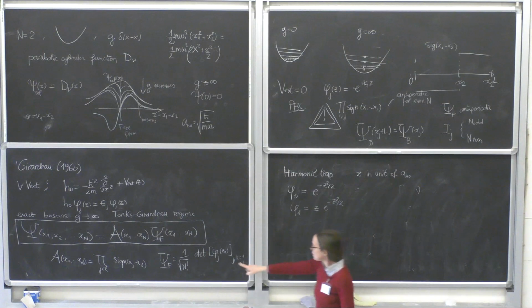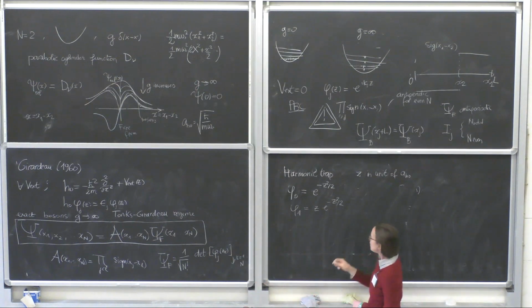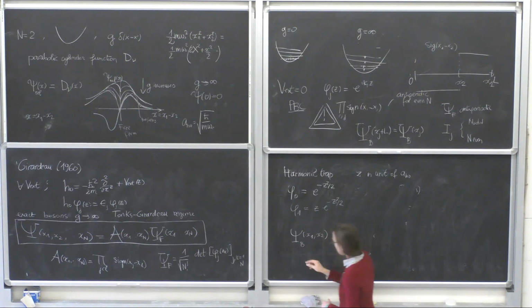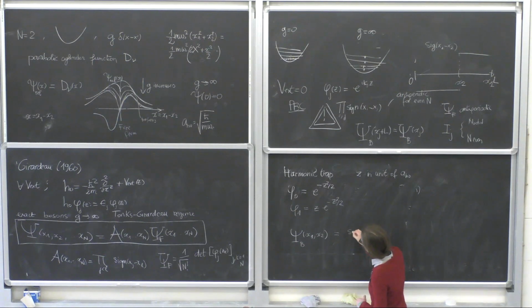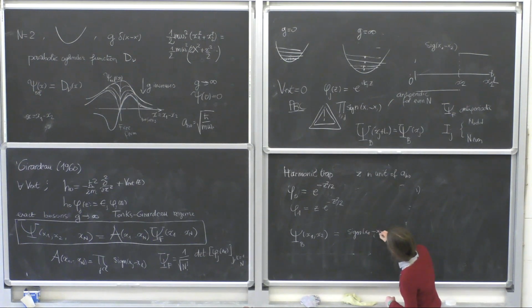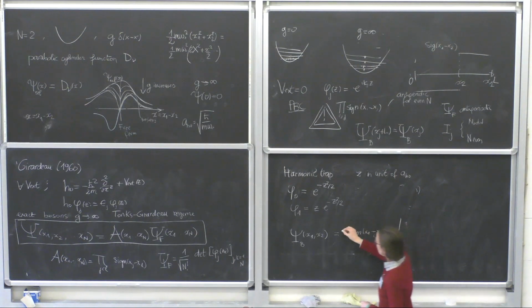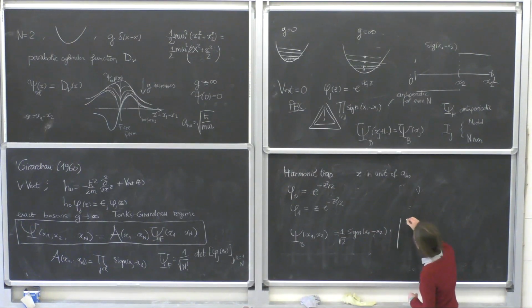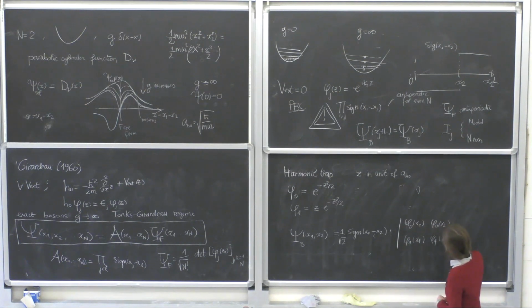And then if I take this construction here, just to show you that it's really a determinant, the many-body wave function psi of x1, x2, the bosonic one, is equal to the sign of x1 minus x2 times, well, 1 over square root of 2, it's the n factorial term there, times the determinant of phi 0 of x1, phi 0 of x2, phi 1 of x1, phi 1 of x2.